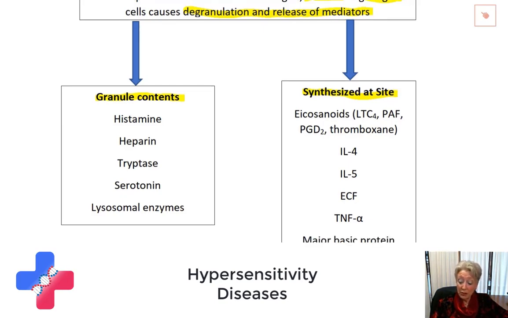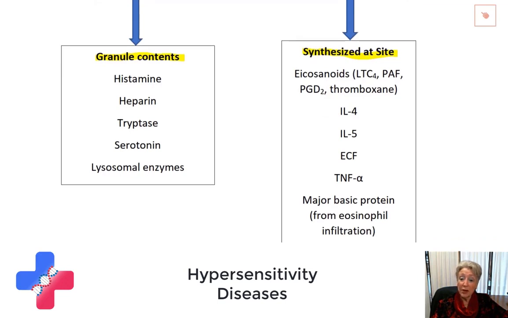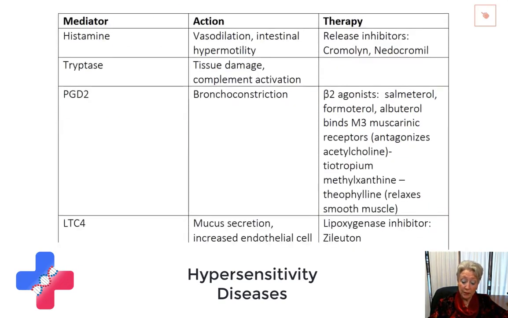Because remember, anytime you injure a phospholipid membrane, you end up causing the activation of that cascade, and you get all of those eicosanoids as a result. So I tend to see the results of my granule content release happening seemingly instantaneously with subsequent exposures. But in the case of the late phase response, as we see it, this can occur, say, in 4 to 6 hours after the initial granule release.